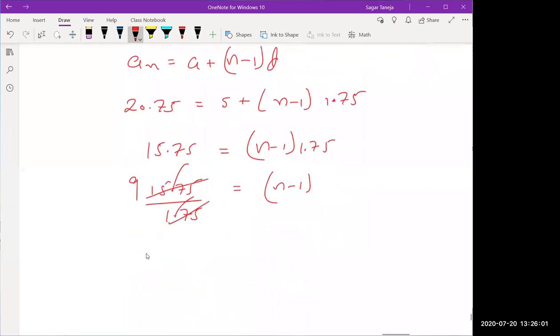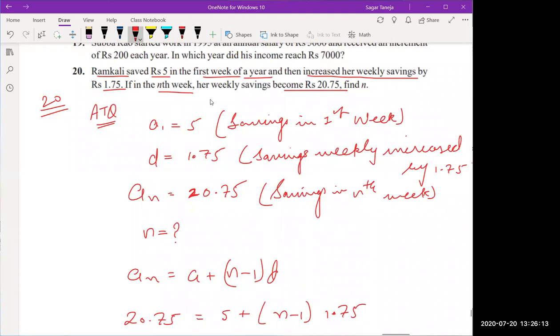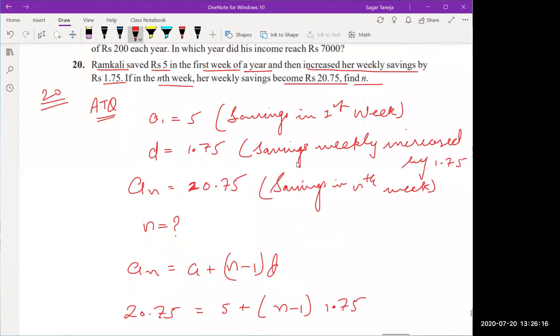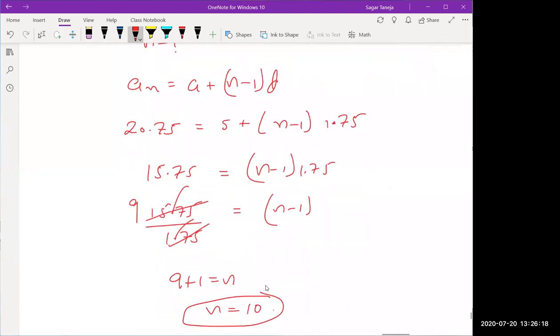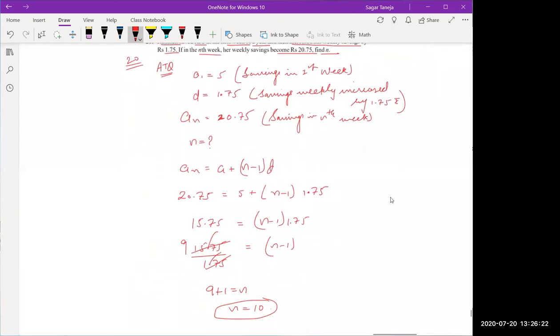Then after that 9 plus 1 is equal to n, and n is finally equal to 10. So n is 10. Note it down. The exercise ends here.